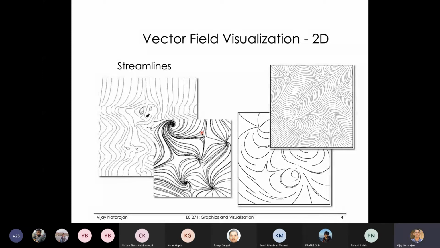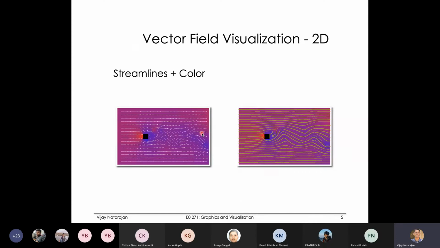Right. So of course, streamlines can be combined with color. For example, here, the streamlines on the right are shown, and there is a color associated also. The color is used to indicate the direction of the vector flow, right?